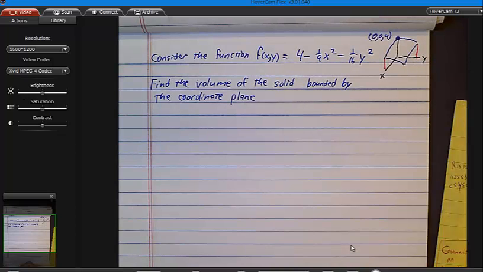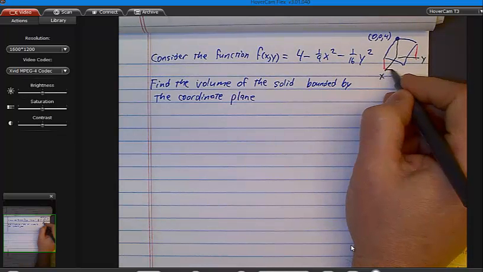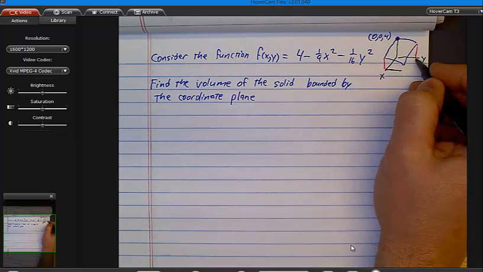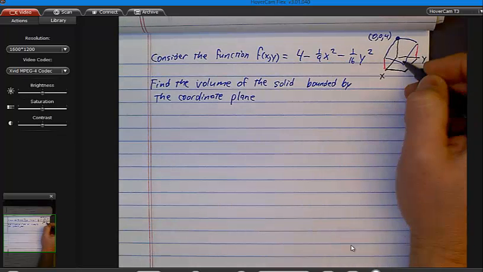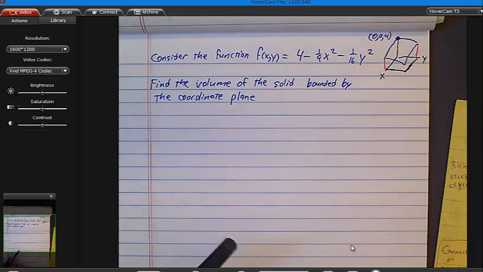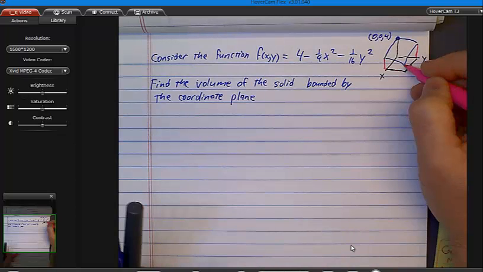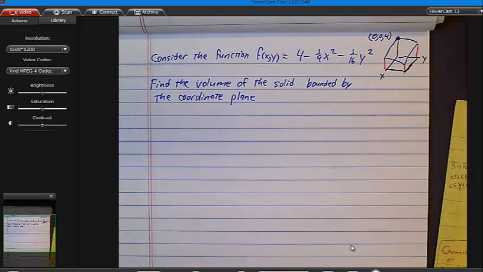I'm going to move along a certain x value and a certain y value, and so I get this kind of rectangle.